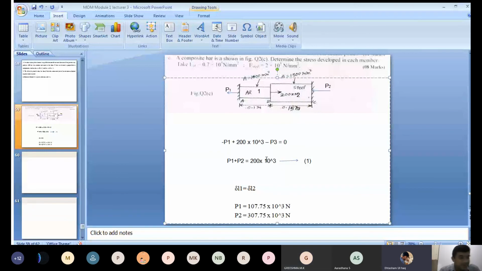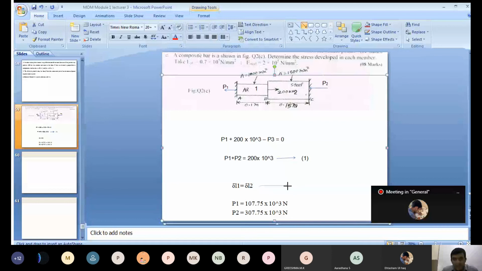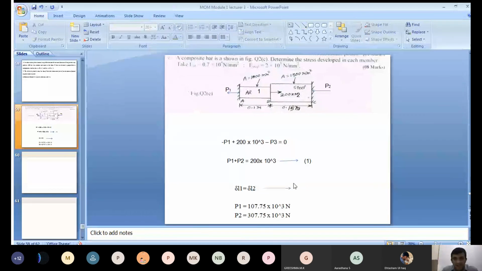Okay, first, delta L1 is equal to delta L2. If we take equation number 2, that will give P1 in terms of P2.